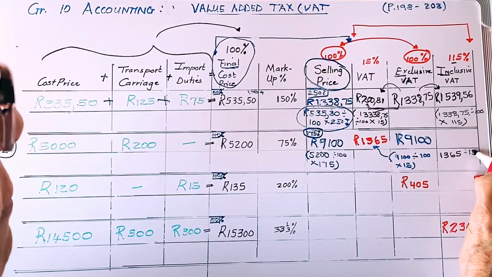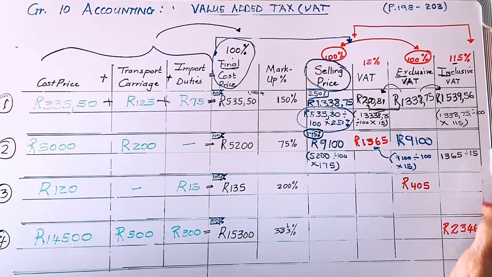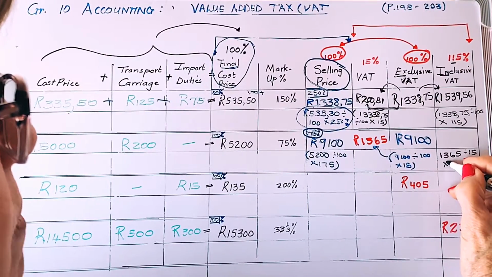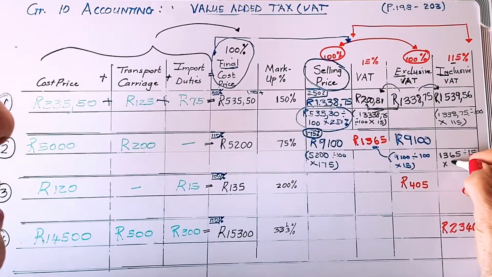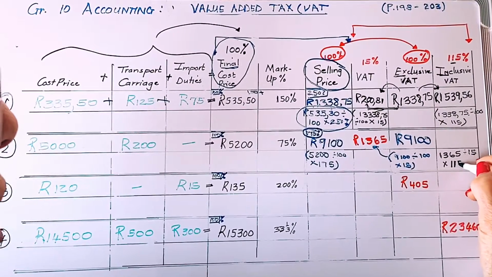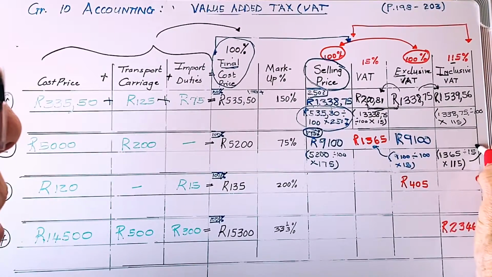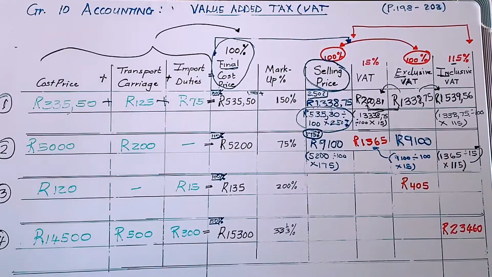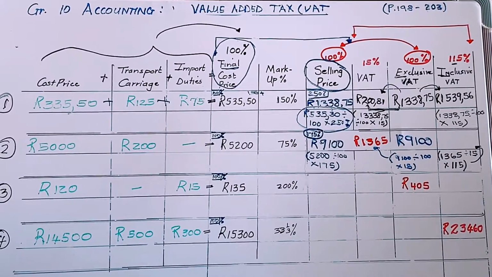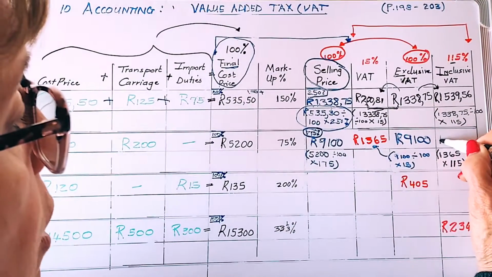I always divide it by the known amount's percentage identity, and I times it with 115%, because that is the percentage identity of the amount that I want to calculate now. And if I do that, it means that the final amount for number 2 will be 10,465.